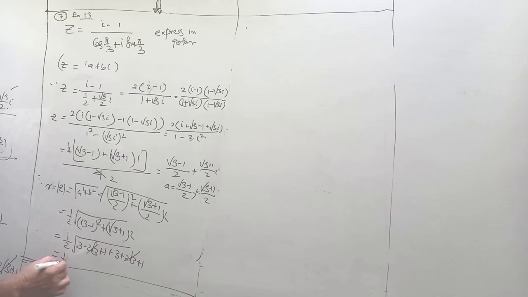So we have 3 plus 3 equal to 6, plus 2 root 3 minus 2 root 3, so half into 8, root over 2, and this value is root 2.